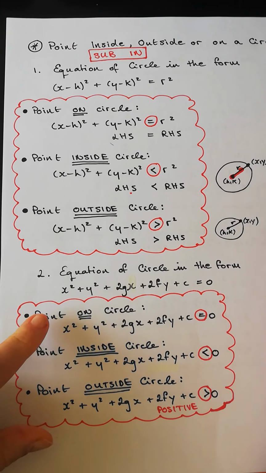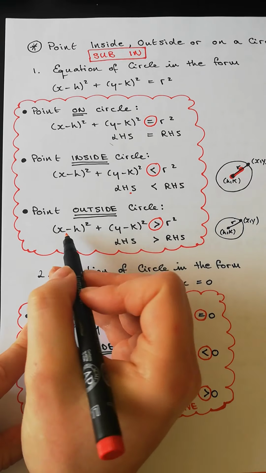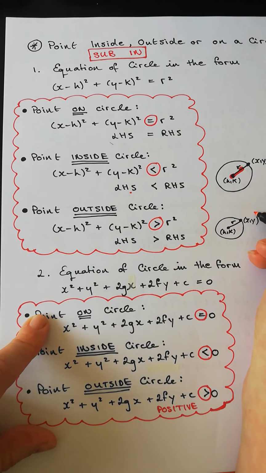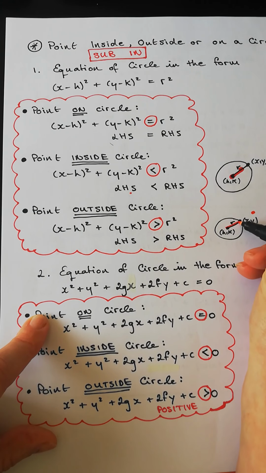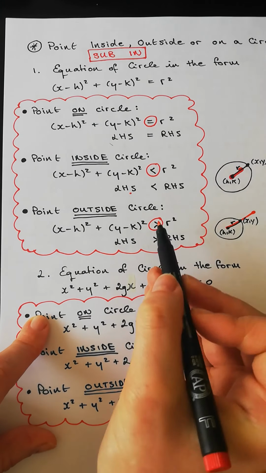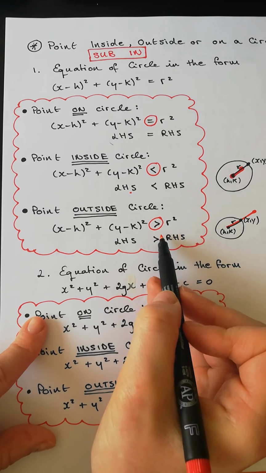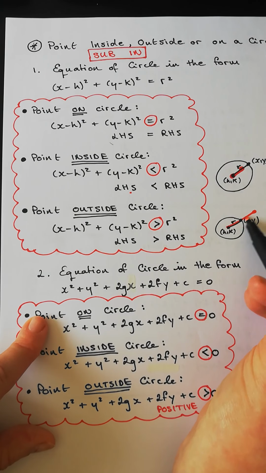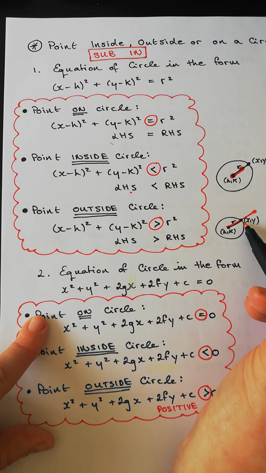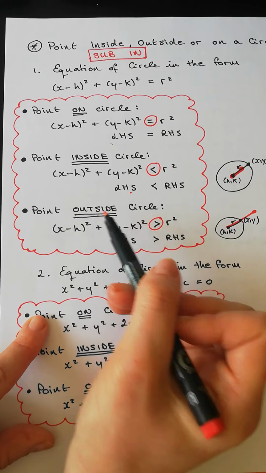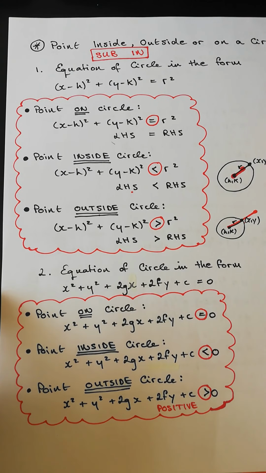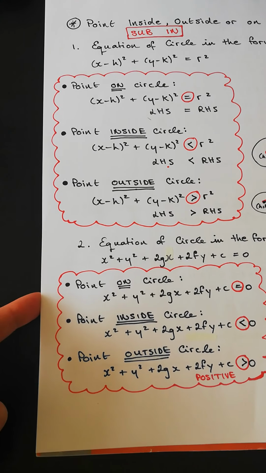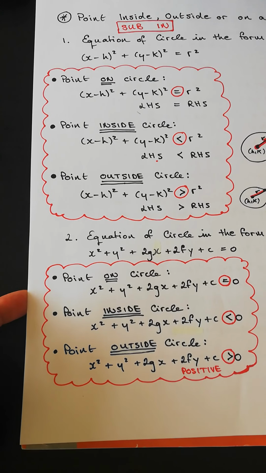If you sub a point in for (x, y) and the left hand side is bigger than the right hand side, where your radius is, it means that the distance from the point you're subbing in to the center is bigger than the radius, therefore the point is outside.